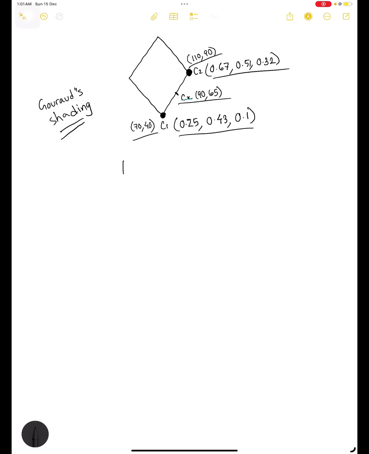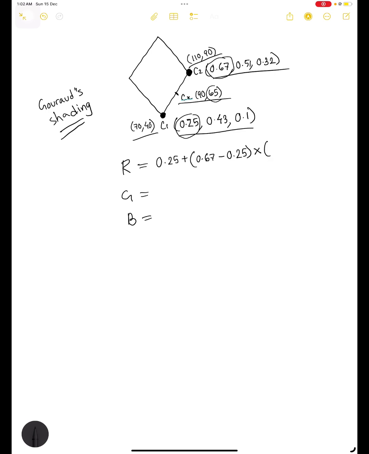We will individually find the three components using Gouraud shading. How can we do that? Just simply following the mathematical equation. If we start with C1's red color, so we will start with 0.25 plus C2's R value, which is 0.67, minus 0.25, into the y coordinates.